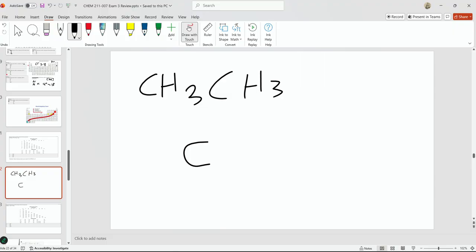Would carbon be in the center and then it would have like 3 branching H's? Does it have something to do with electronegativity?